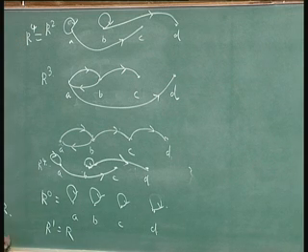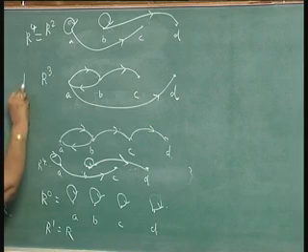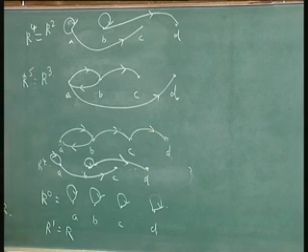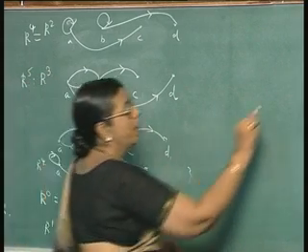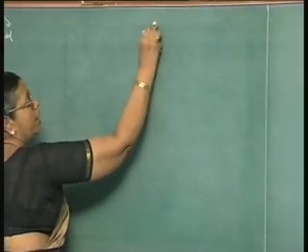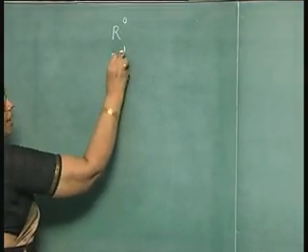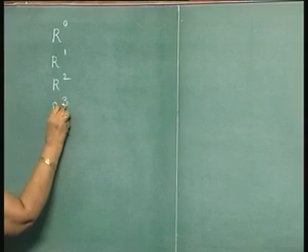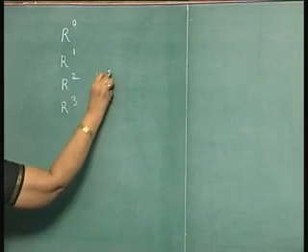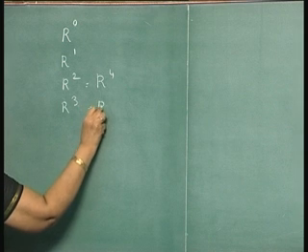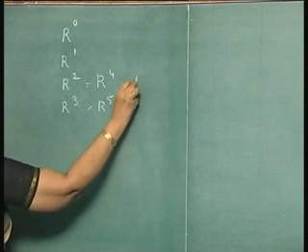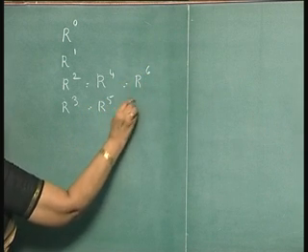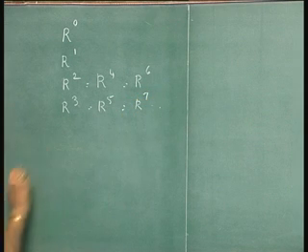So, R 5 will be the same as R cubed. So, in this case you find that R 0 represents the equality relation, R 1 represents the given relation, R squared you have found, R cubed, and R power 4 is the same as R squared, and R power 5 is the same as R cubed. So, R power 6 will be the same as this, and R power 7 will be the same as this.